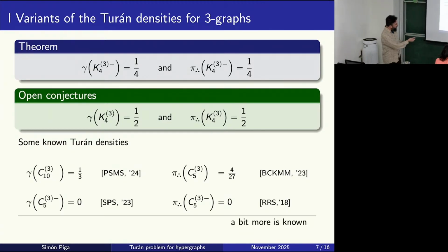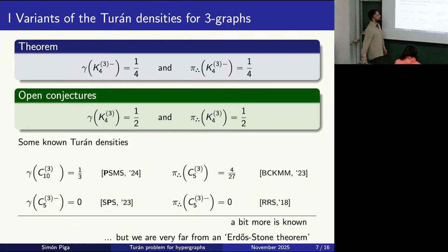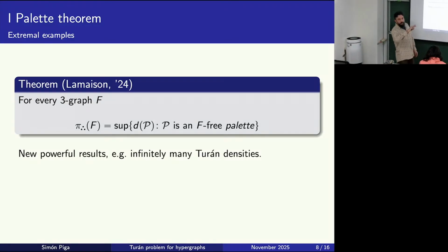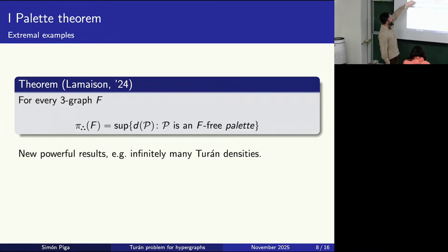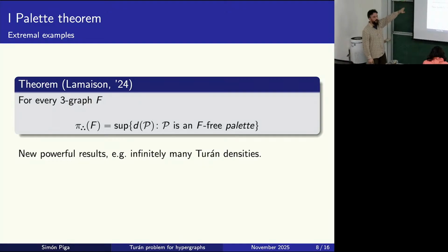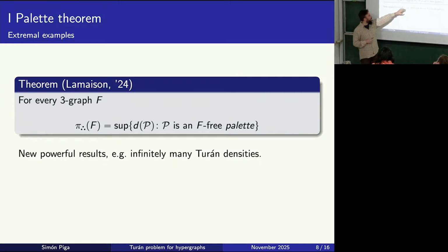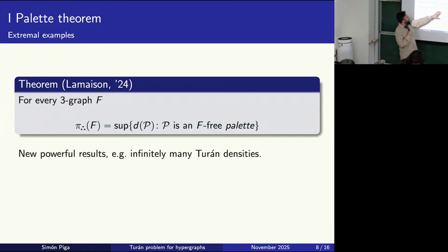So yeah, a bit more is known here, but still very far from an Erdős-Thom theorem here. Let me mention this beautiful result by Ander, because this theorem tells you a family of possible extremal constructions which are actually all possible extremal constructions in a sense. So it's very close to some Erdős-Thom theorem in philosophy at least, but here there is a supremum, right?